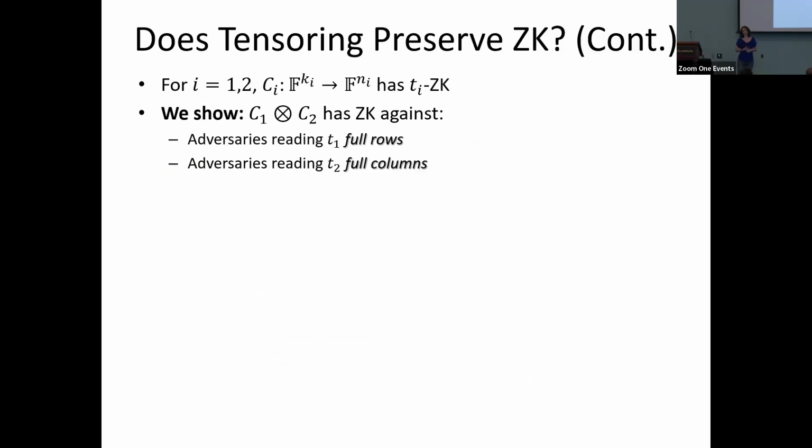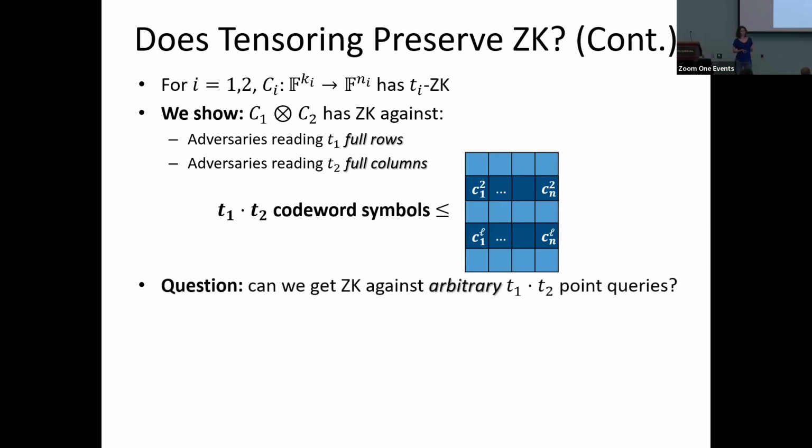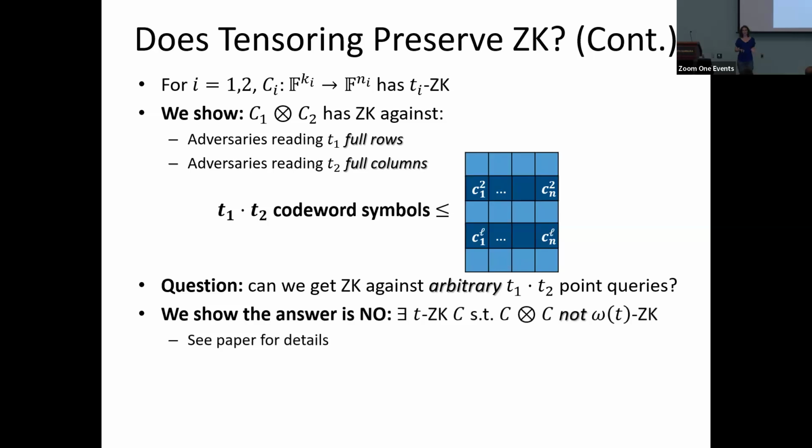So this is what we show: you get zero knowledge against rows and columns. Think of reading, let's say, T1 rows. You're reading T1 times T2 symbols, but they're highly structured. So naturally, we ask, can we get zero knowledge against reading T1 times T2 arbitrary queries? And here the answer is no, unfortunately. I'll leave you with a little bit of a cliffhanger, go see the paper for details.